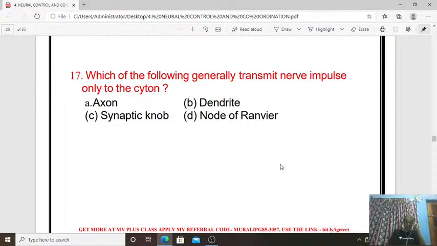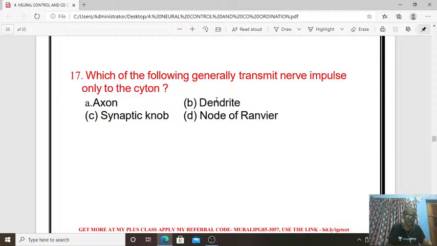So for the 17th one, it is the dendrite. So the answer is D for the question number. D is the right answer.